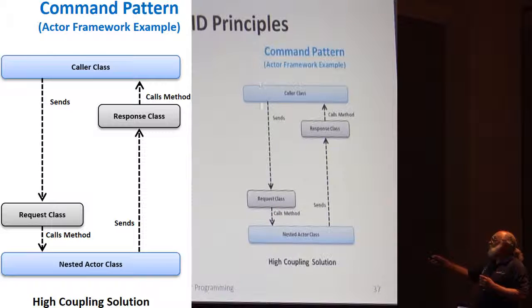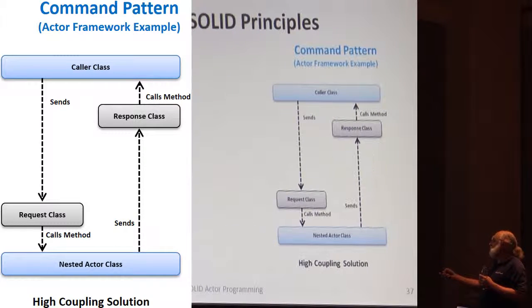So the caller is statically coupled to the nested actor, and if it needs a response, the nested actor is statically coupled to the caller. Many people mentioned this yesterday in the actor framework stuff. So why is it bad? If this is a shutter, it can only work with one implementation of the scanner, sample scanner workflow.